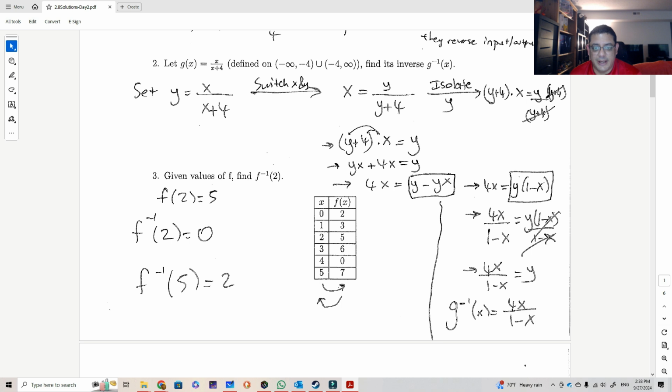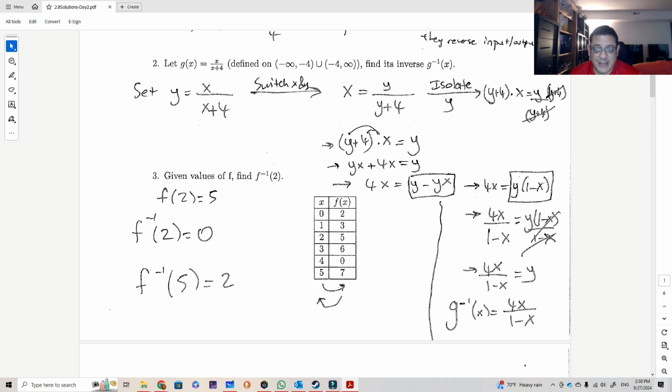So to find f minus 1 of 2, I gotta locate what is the value where f of x is 2. So notice that 2 is here an image of 0. So when x is equal to 0, f of x is 2. So that means that, well, if f of 0 is 2, then f minus 1 of 2 is 0. And that kind of gives me the value.